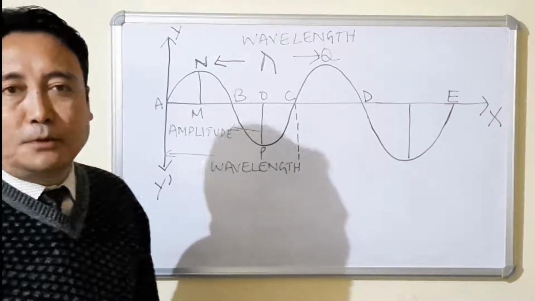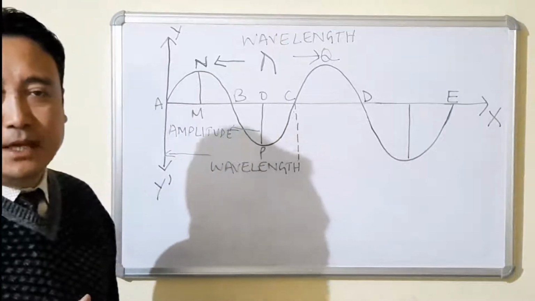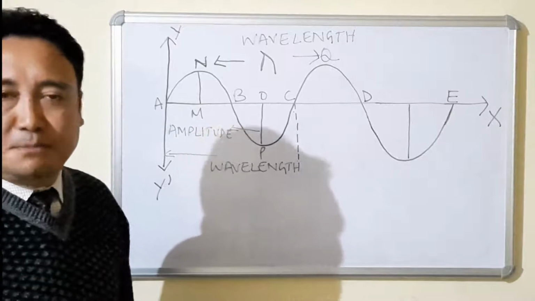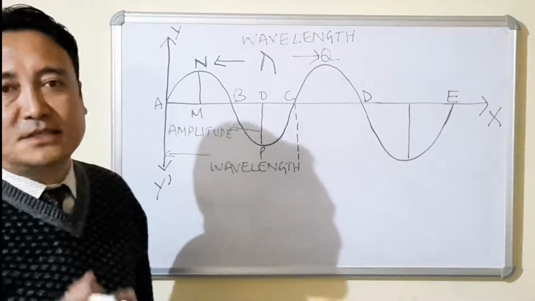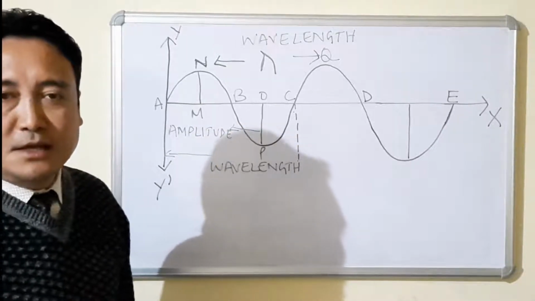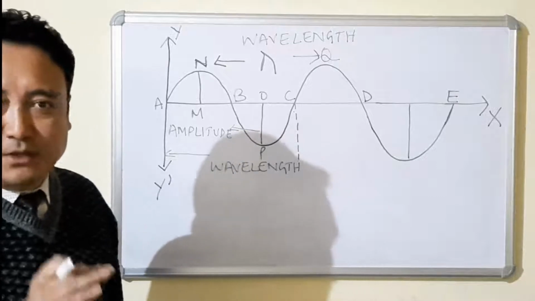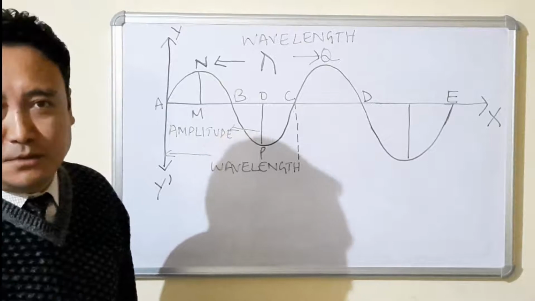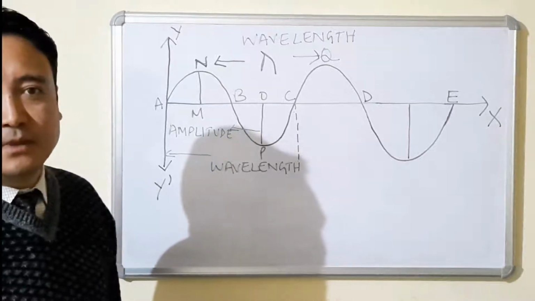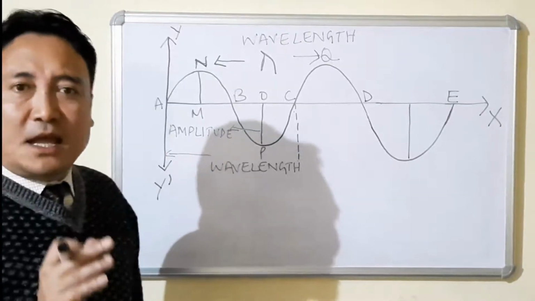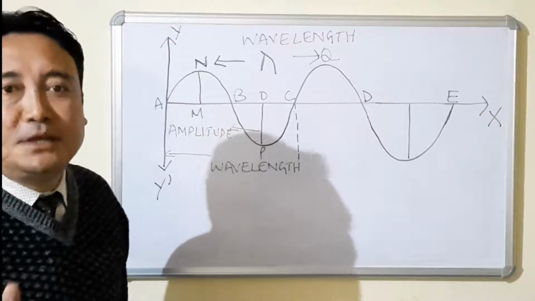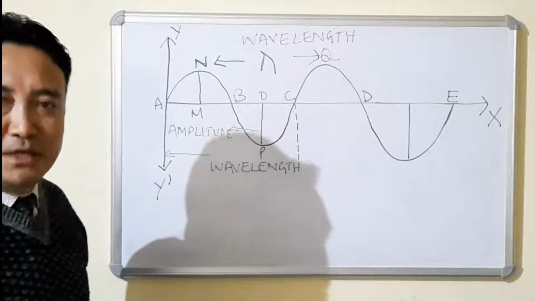Number one is oscillation, second is the wavelength, third is the amplitude, fourth is the time period, and fifth is the frequency. You should know these when we discuss sound in the form of waves. Sound is a continuous disturbance of the medium.